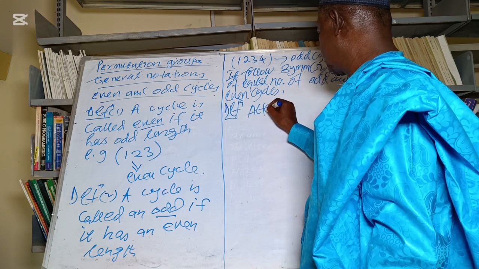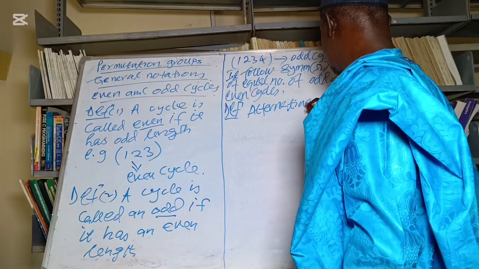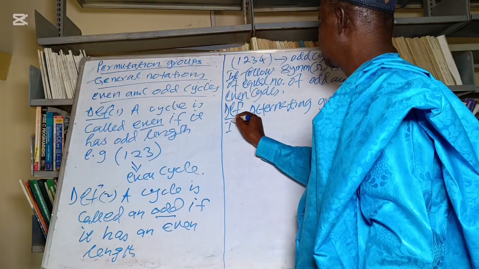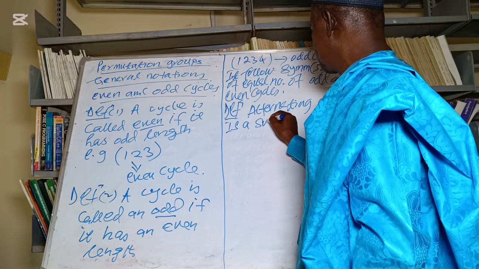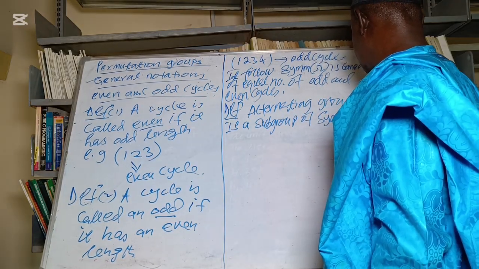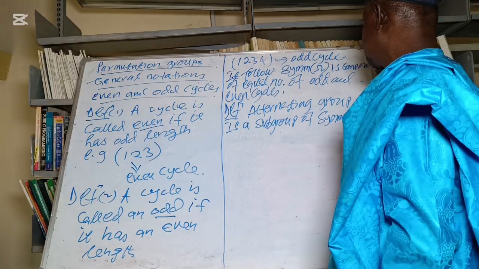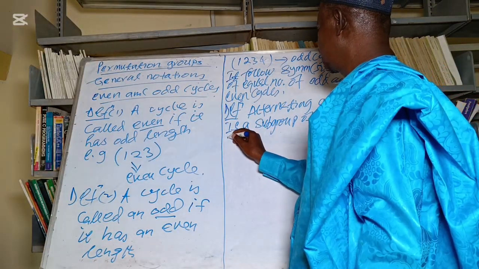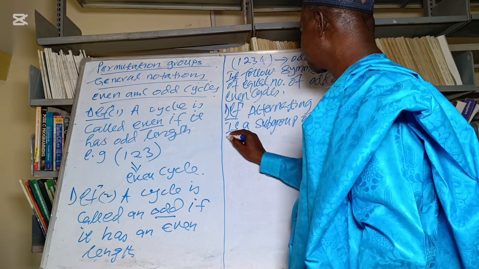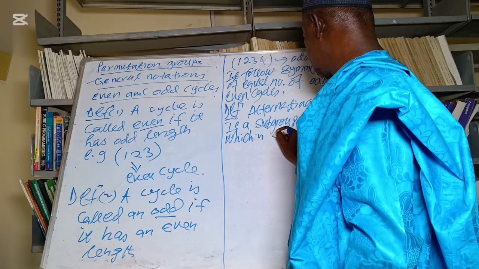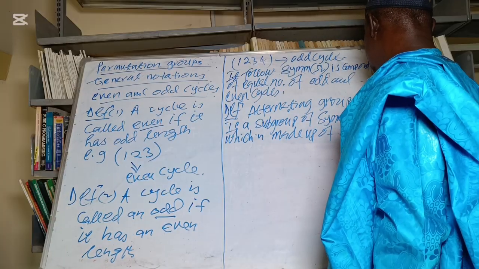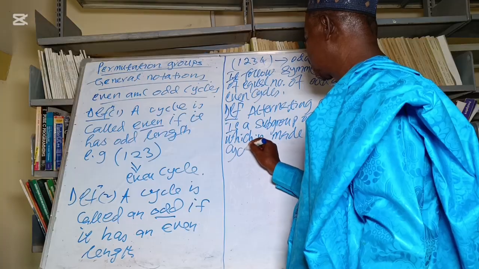On the basis of this, we have another definition to call the alternating group. An alternating group is a subgroup of the symmetric group omega, which is made up of even cycles.